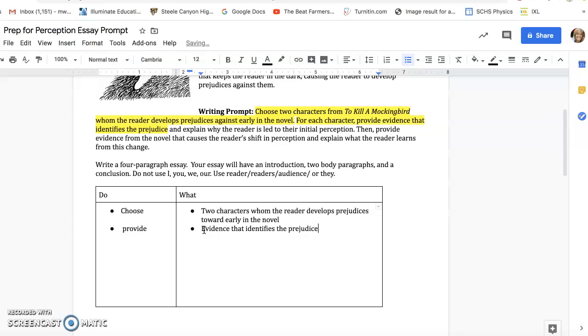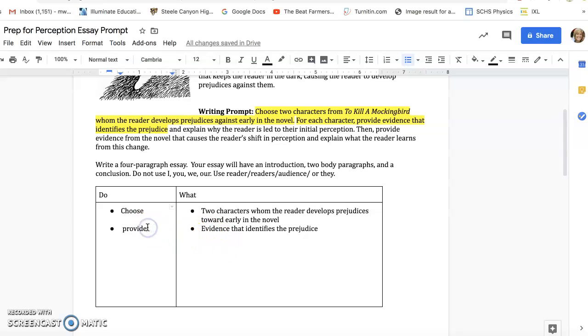So you have to go to the book and find places where the reader thought, hey, Miss DuBose was just a weak, horrible old lady who was mean. Or, hey, Boo was just this scary, horrible man who came out at night and scared the neighborhood and whatever.